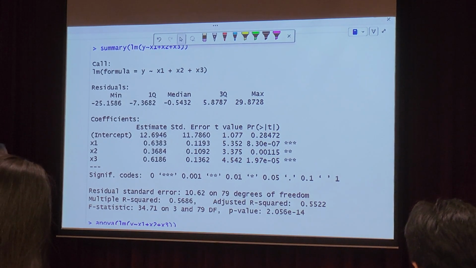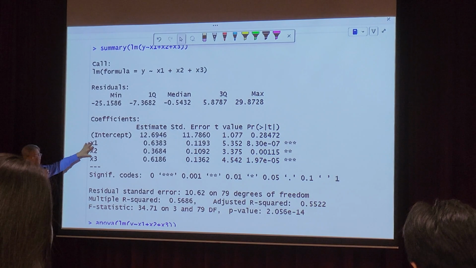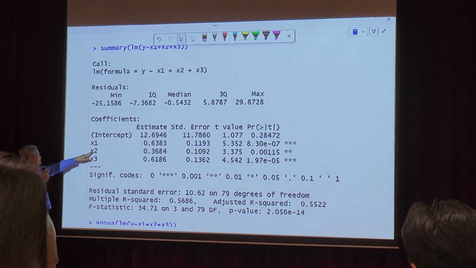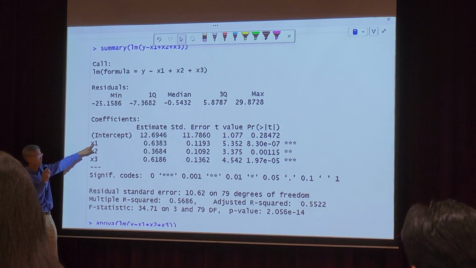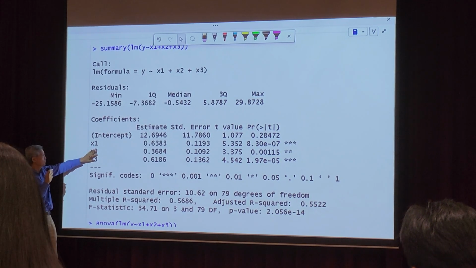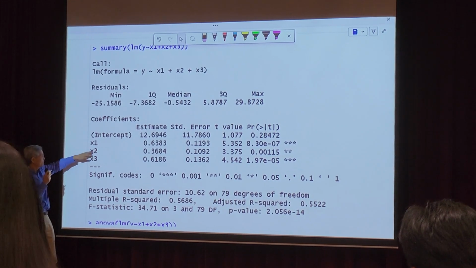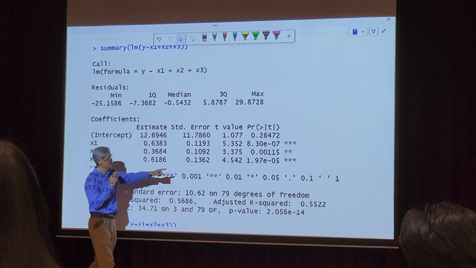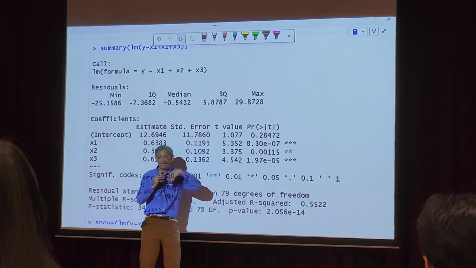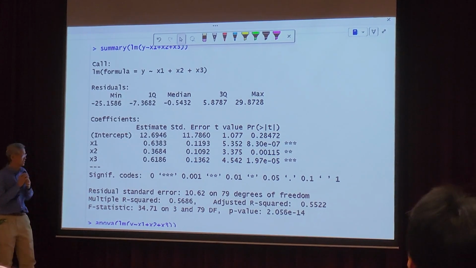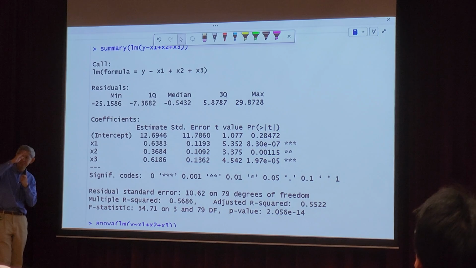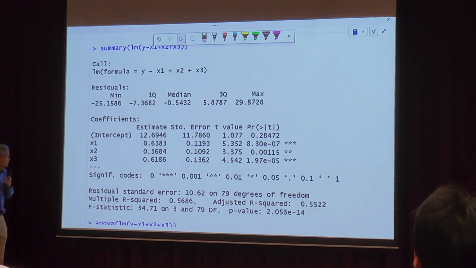So here I'm looking at the t-test. Because the t-test here says I'm going to check the contribution of x1 after I've accounted for these two. So every one that you see here, you have accounted for the other two. That's what the t-test is. But for ANOVA, it's slightly different. Yeah.